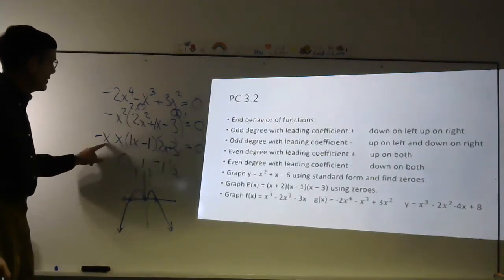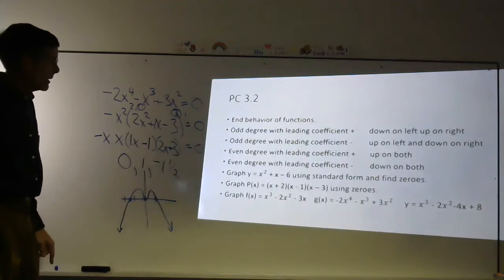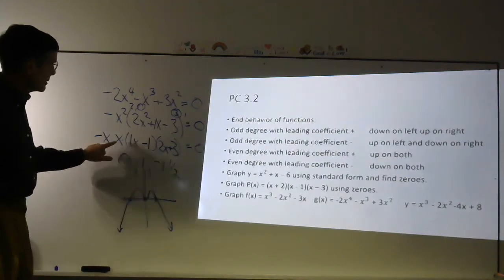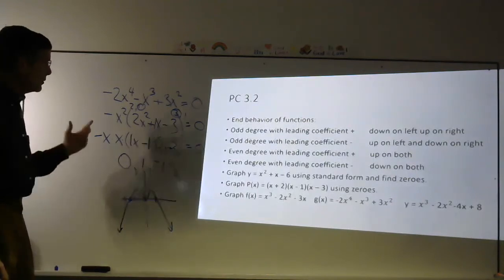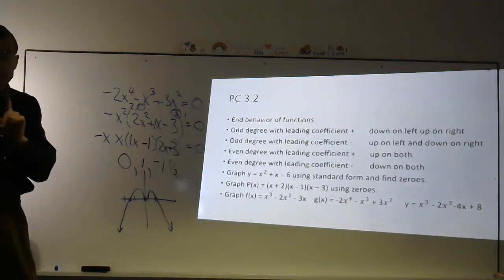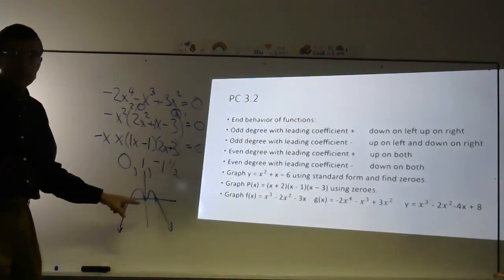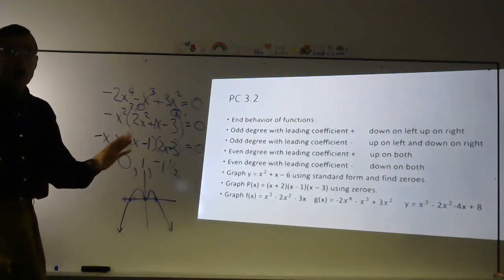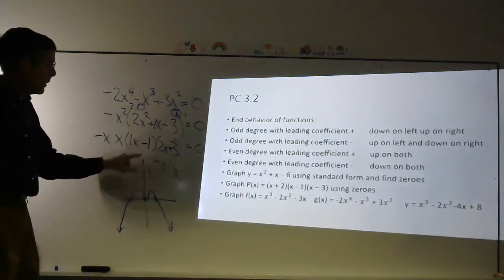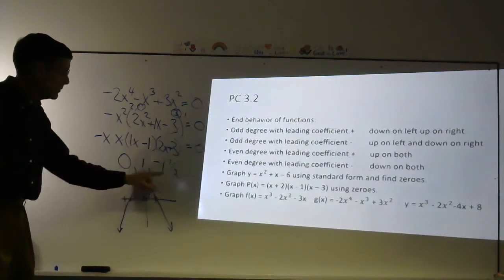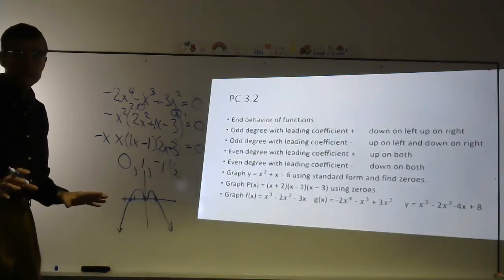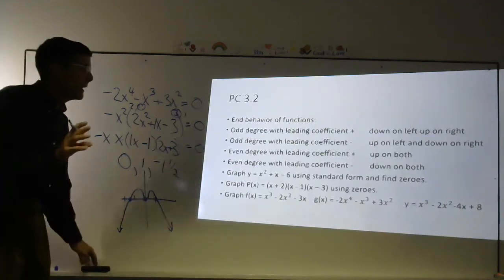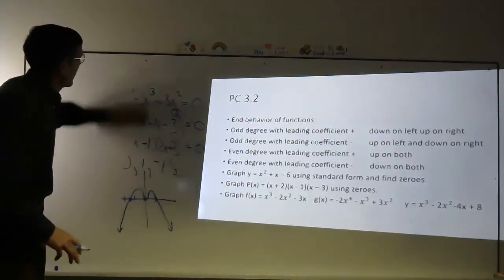So technically, you have four things equal to 0. You get a 0 here, a 0 here, a 1 here, a negative 1.5 here. You got the 0 twice, and it bounced at the 0. You got the 1 once, and it went through. You got the negative 1.5 once, and it went through. We'll come back to that.